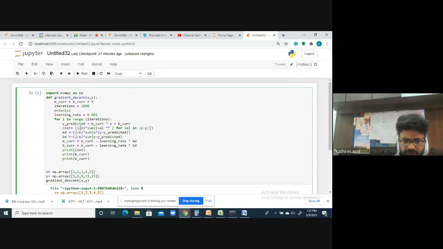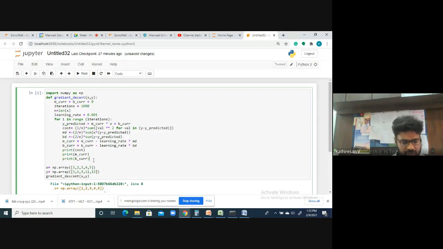Okay, so this we have to implement. Cost we have calculated. See, the square we have done for this. The same formula we have implemented. So let me execute this.